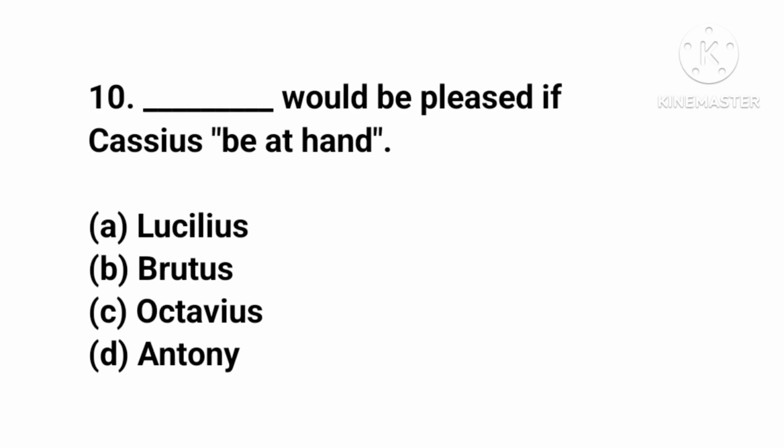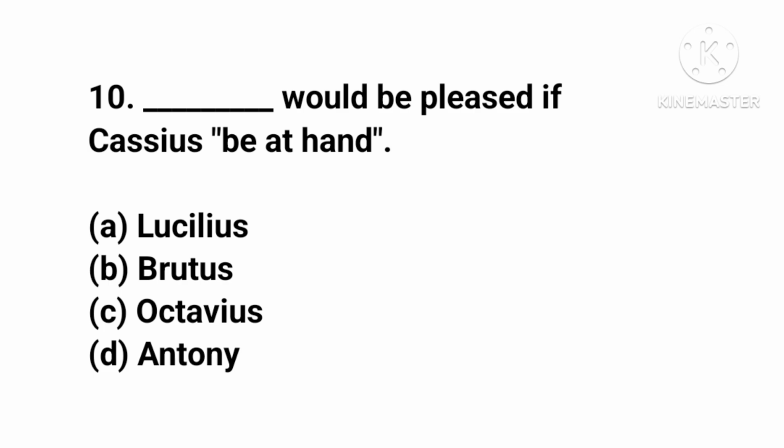Question 10. Dash would be pleased if Cassius be at hand. Option A, Lucilius. Option B, Brutus. Option C, Octavius. Or option D, Antony. Be at hand means be close, be personally, physically present in front of each other.